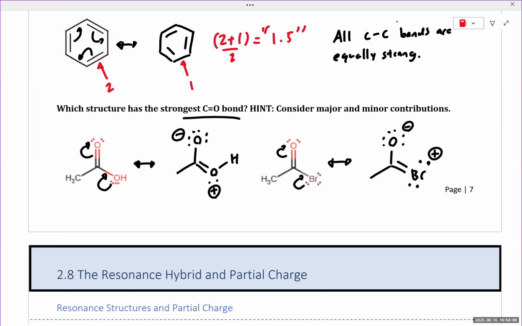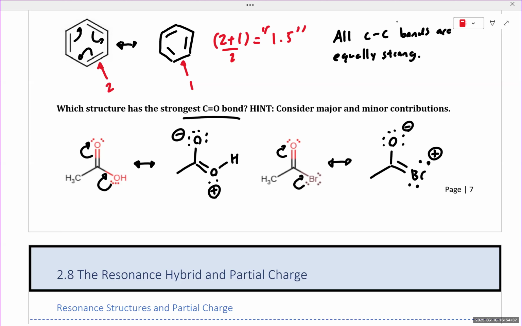We have oxygen and bromine, some pretty electronegative atoms, and we're placing positive formal charges on those atoms. If we had to pick in terms of electronegativity and in terms of capacity to accommodate a positive charge, bromine, being a halogen, does not typically accommodate positive charge as well.